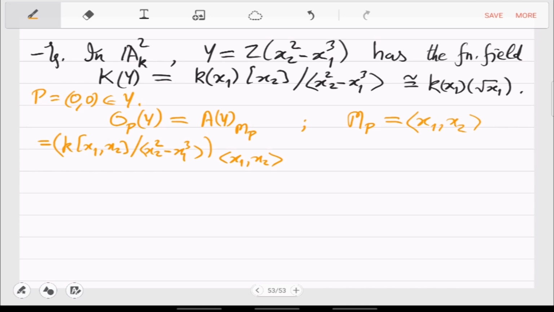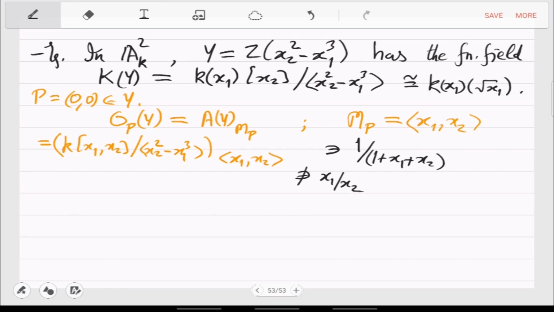So for example, this object has 1 over 1 plus x1 plus x2, but it does not have x1 over x2, right? Because the problem with 1 over x2 or x1 over x2 is that the denominator x2 is in the ideal. So clearly, geometrically also, you can see that it's something which is undefined at the point P, while the first function is defined.